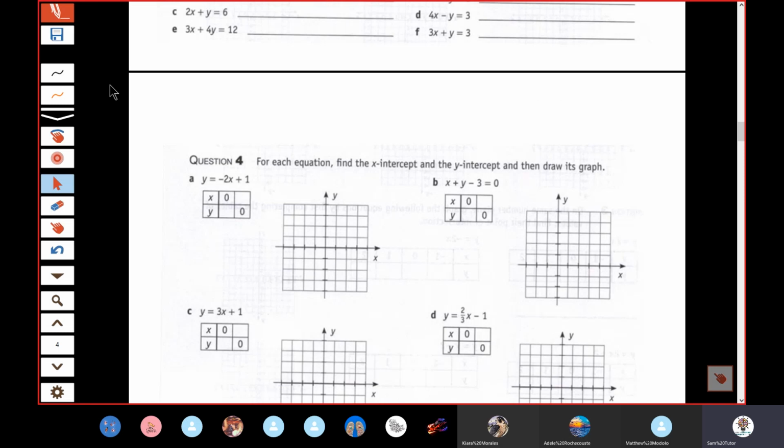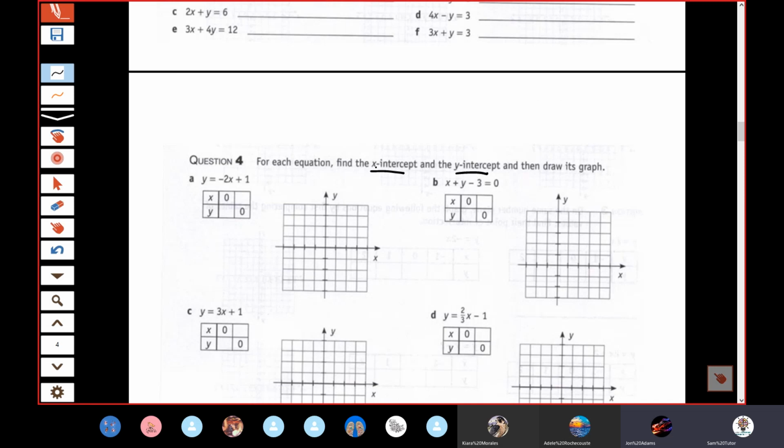Sam, I don't really get what question 4 means. Find the x and the y intercept. It's exactly what we've just done. Yeah, but in the questions that we just did, the equals was at the end, not the start.